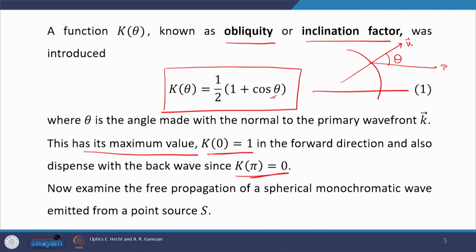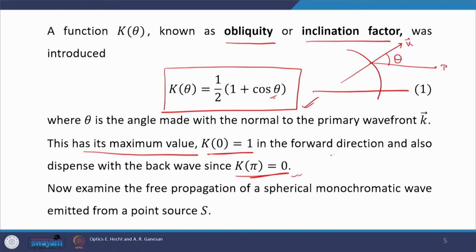It means nothing is propagating in the backward direction. These were the corrections introduced later to the Huygens principle, and the limitations which the Huygens principle had were removed just by the introduction of this obliquity or inclination factor.